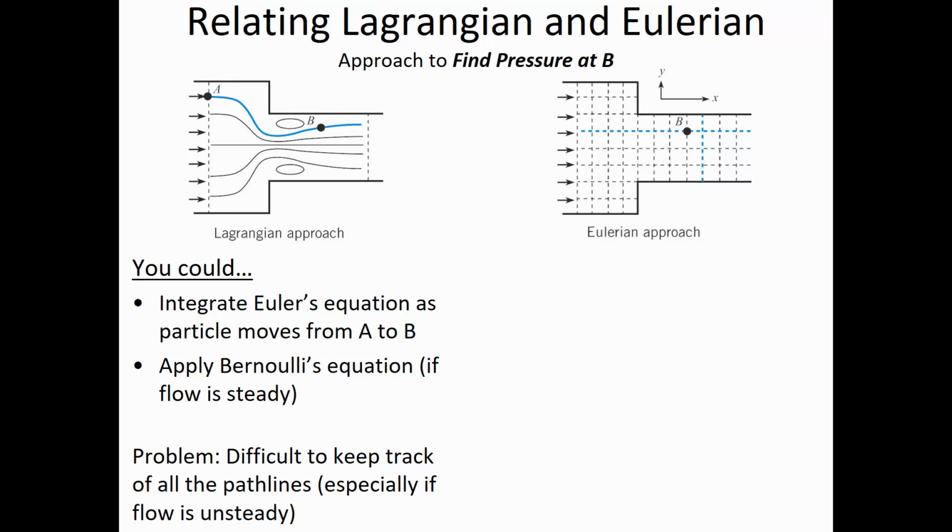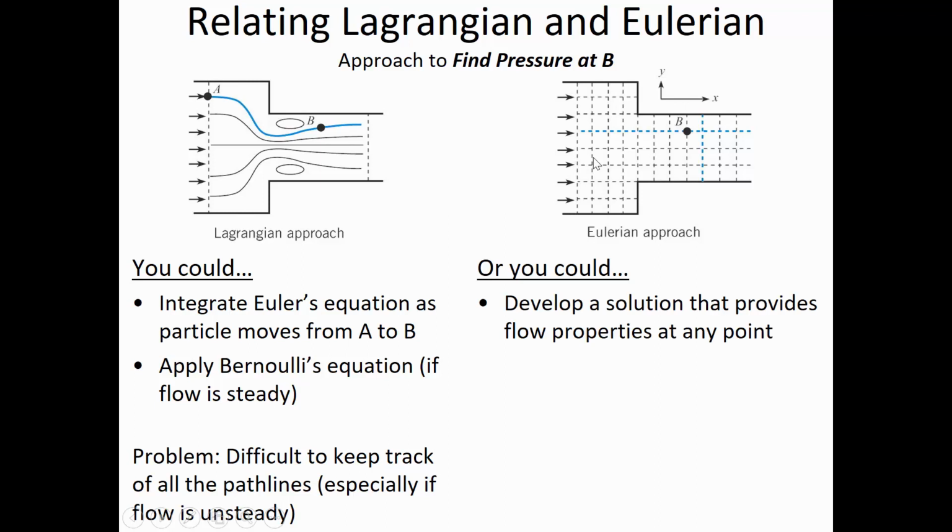Then we apply equations like Euler's equation or Bernoulli's equation at the level of the mesh. That means you can develop a solution that provides the flow properties at any point by applying the free body approach. We say that the properties of the fluid get transported through this control volume.